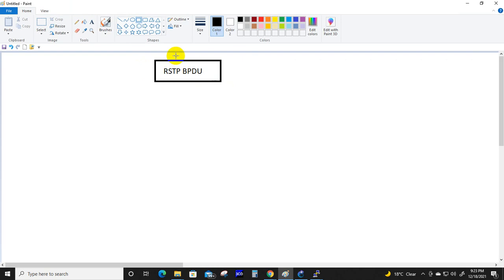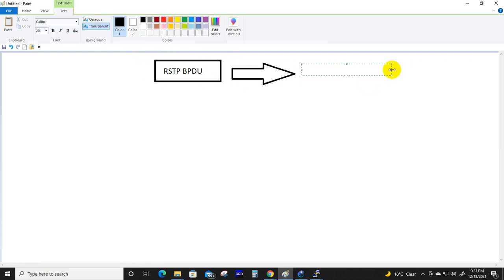The very first point you have to remember: there is only configuration BPDU in RSTP, no TCN BPDU in RSTP.